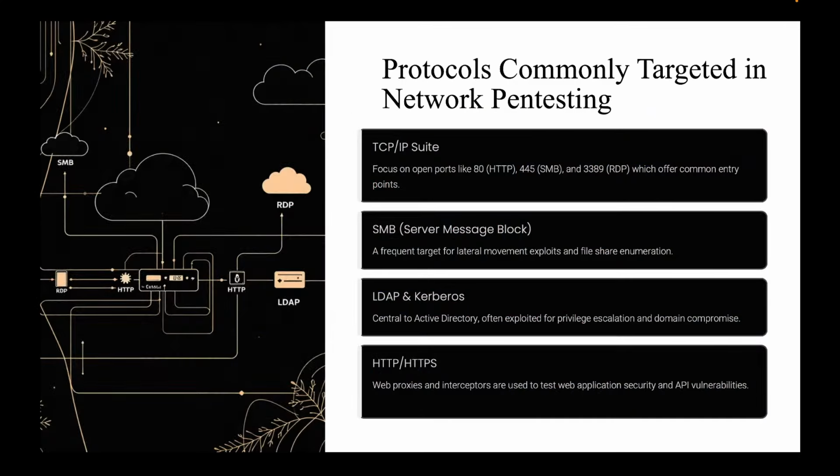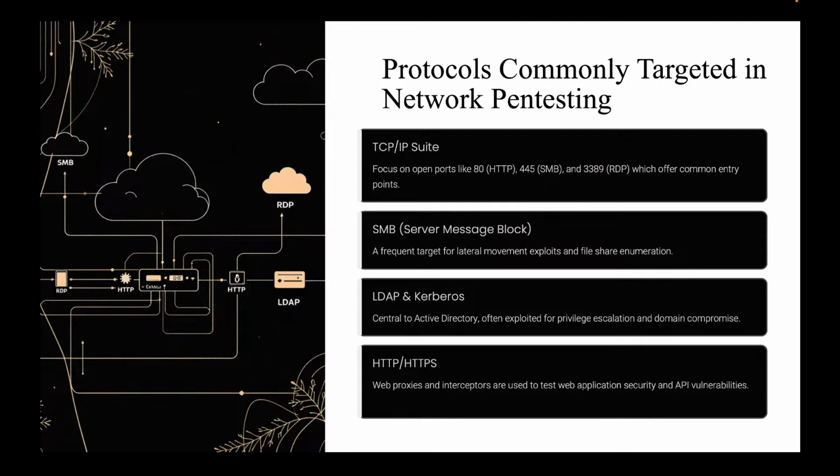Protocols commonly targeted in network penetration testing. A network protocol is the rules that computers use to talk to each other. In penetration testing, there are many protocols that are checked more carefully because they are commonly abused by attackers. TCP/IP suite is the basic communication system of the internet and networks.